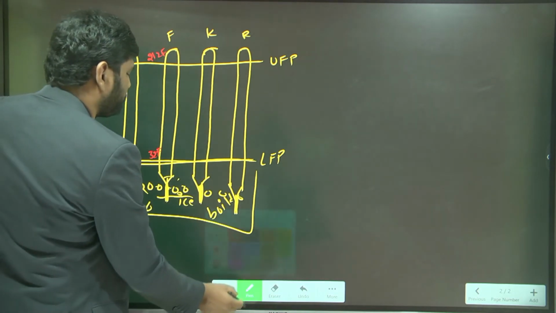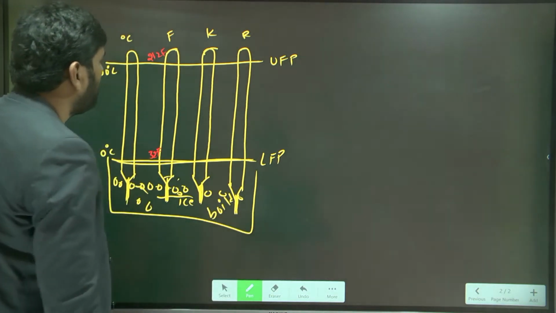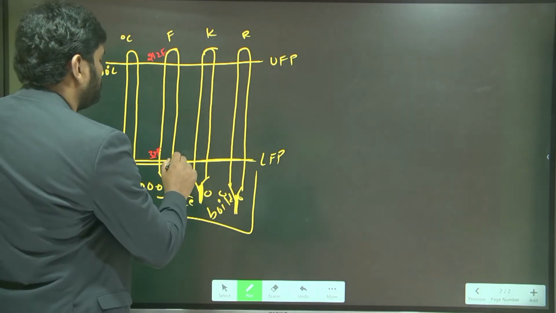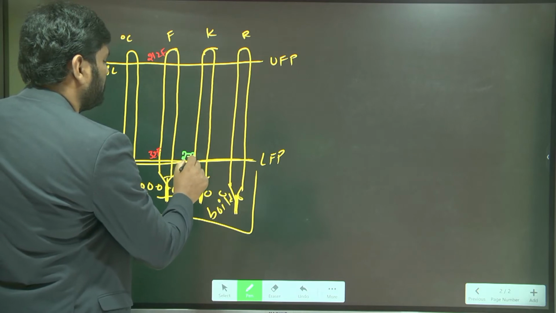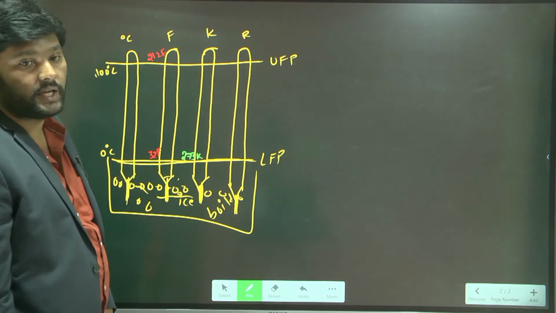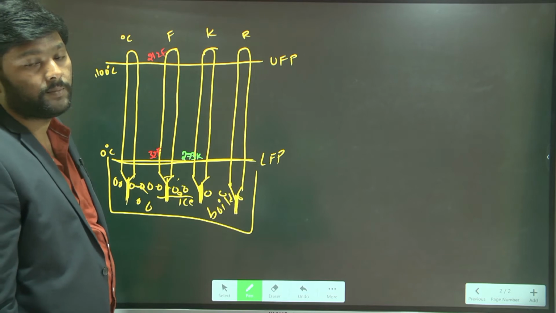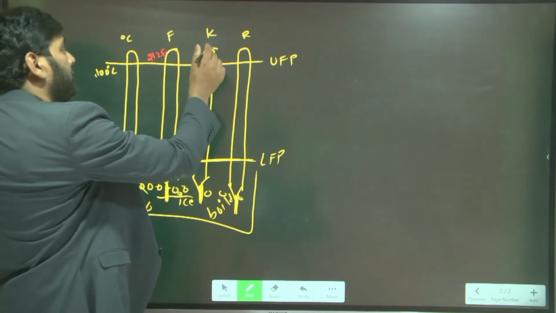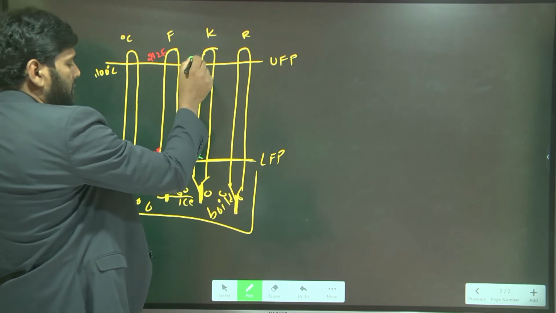Similarly, what is the lower fixed point for the Kelvin scale? 273. 273 Kelvin is the lowest fixed point for the Kelvin scale. Similarly, the upper fixed point is 373.